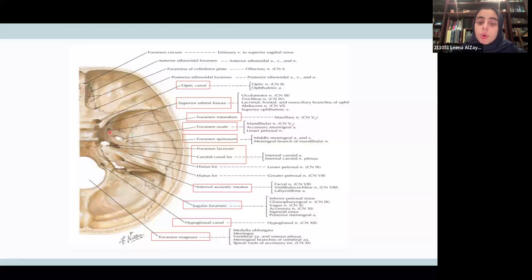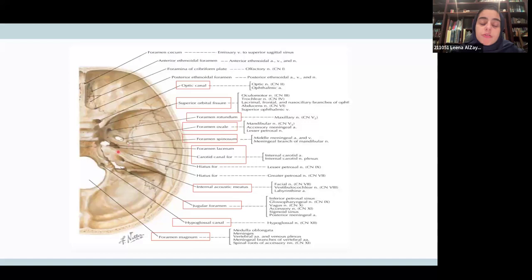Then we have foramen rotundum, which is for the second branch of the trigeminal, which is maxillary. And then foramen ovale, which looks like an oval or a P shape, is for the mandibular branch of the trigeminal. And then foramen spinosum, which is this tiny part, is for the middle meningeal artery.